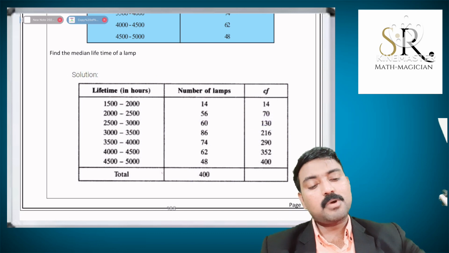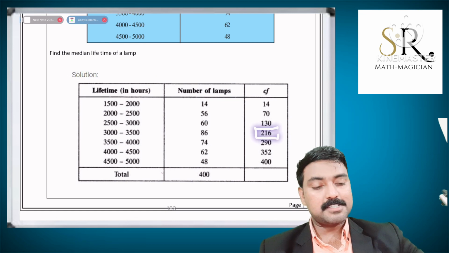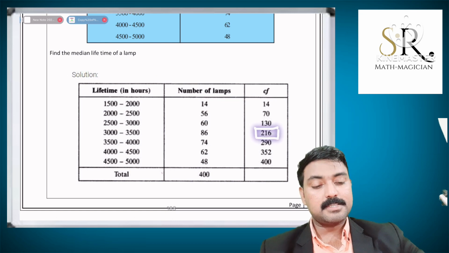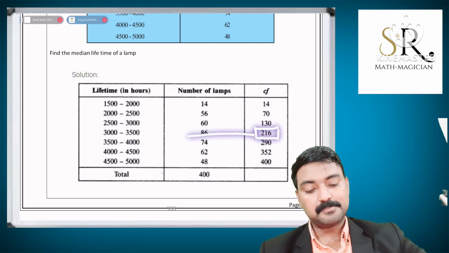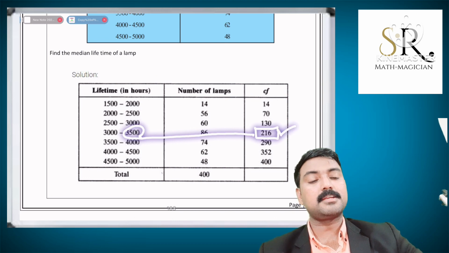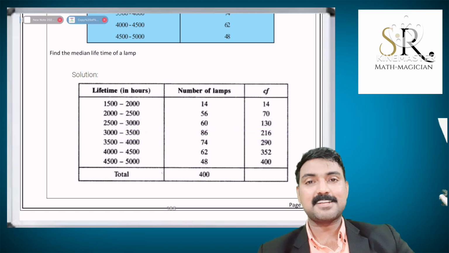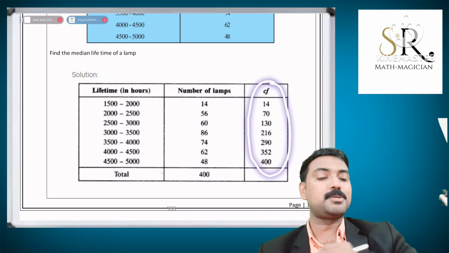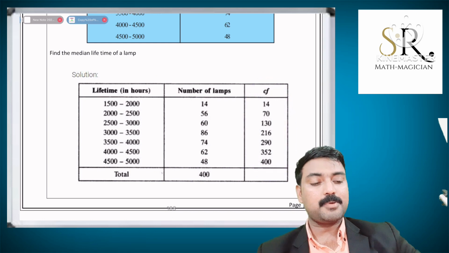So what is this 216? 216 is the less than cumulative frequency. Less than which limit? Just look at what is here. Less than 3500. That means less than 3500, 216 lamps are there. Is it clear? Yes.